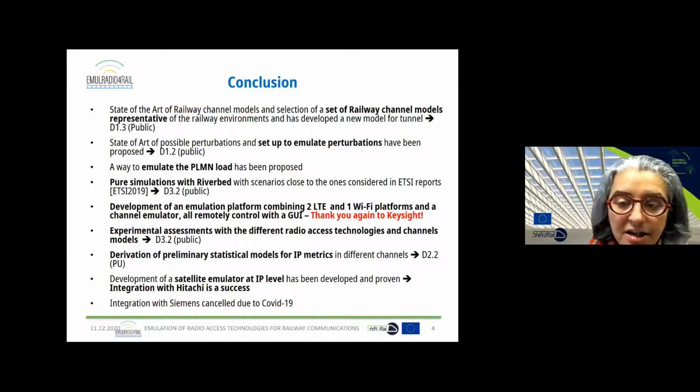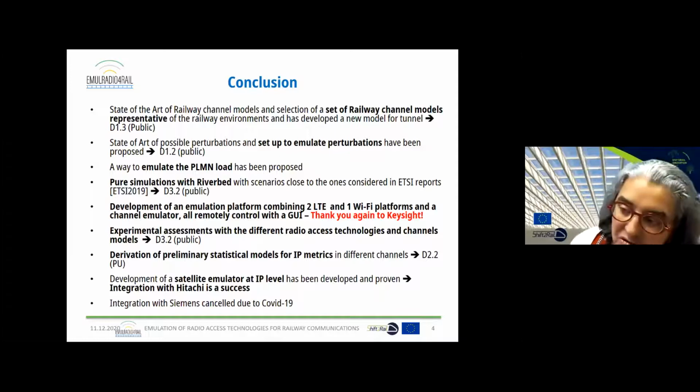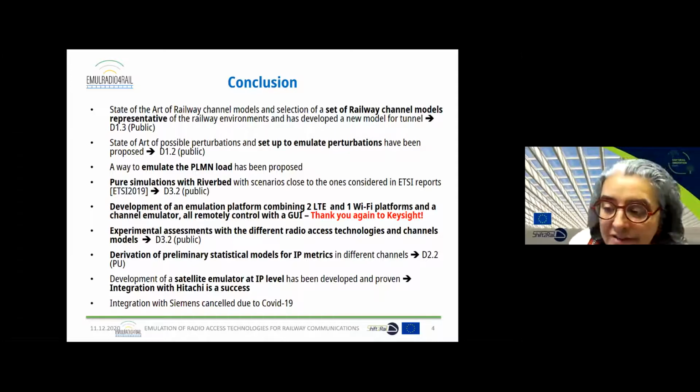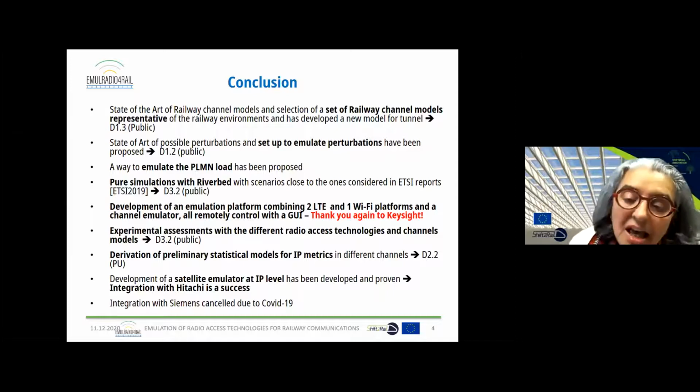And so finally, we have been successful in developing all the emulation platforms for the terrestrial radio access technology and for the satellite technology. All the platforms can be controlled remotely with the graphical user interface, as requested in the call and as proposed in the project.